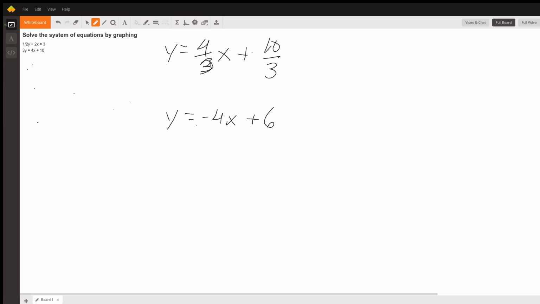So y equals negative 4x plus 6. And we also have y equals 4/3 x plus 10/3.